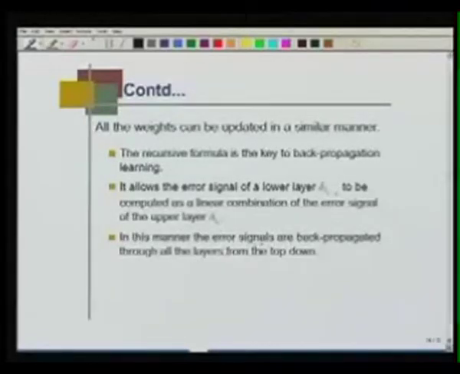In this manner, the error signals are back propagated through all the layers from the top down, that is from the last layer, the output layer, backward until we reach the input layer. We can compute the error back propagated, which is in terms of delta.